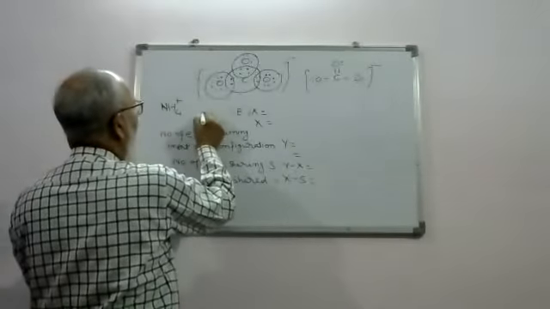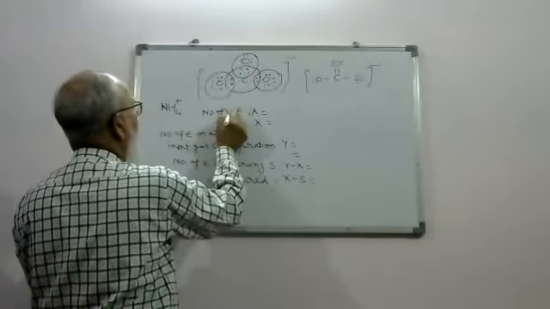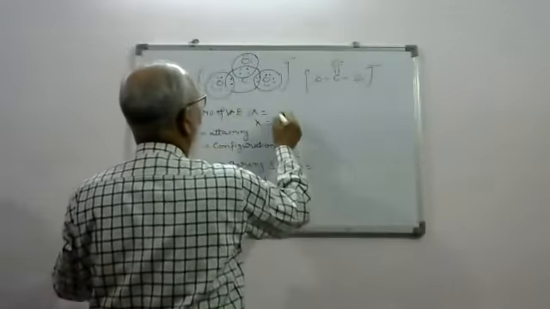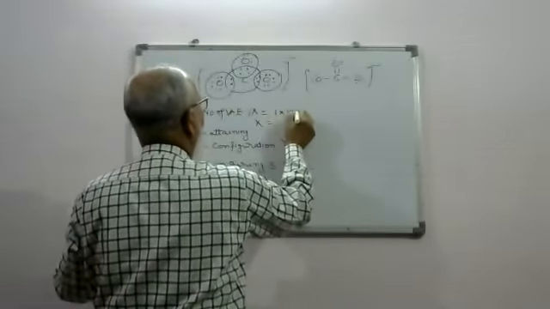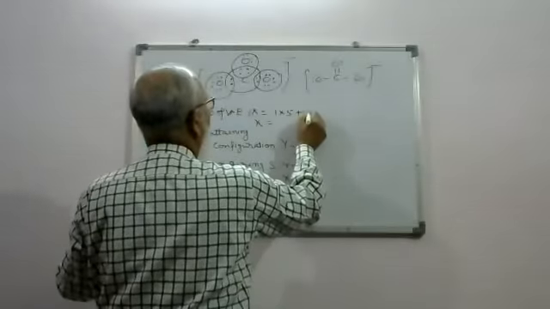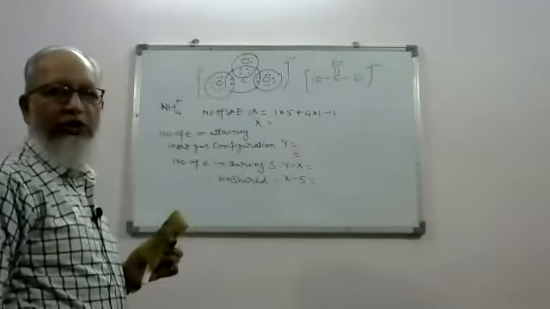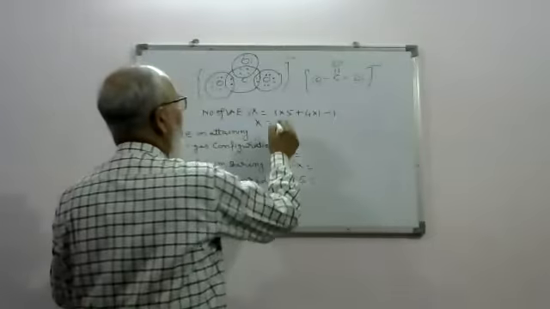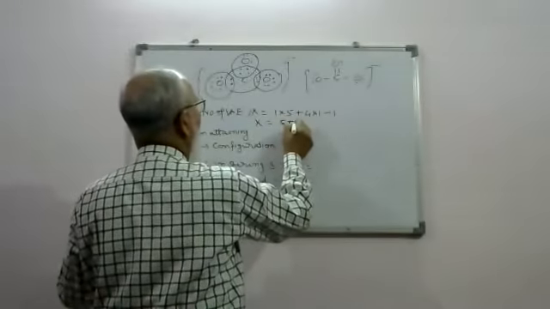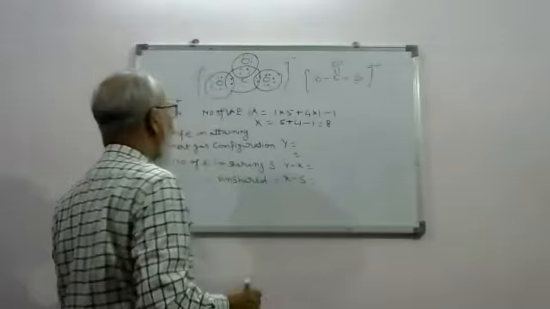The number of valence electrons X is equal to 1 into 5 plus 4 into 1 minus 1. Minus 1 because there is 1 positive charge. So this is your 5 plus 4 minus 1 is equal to 8.